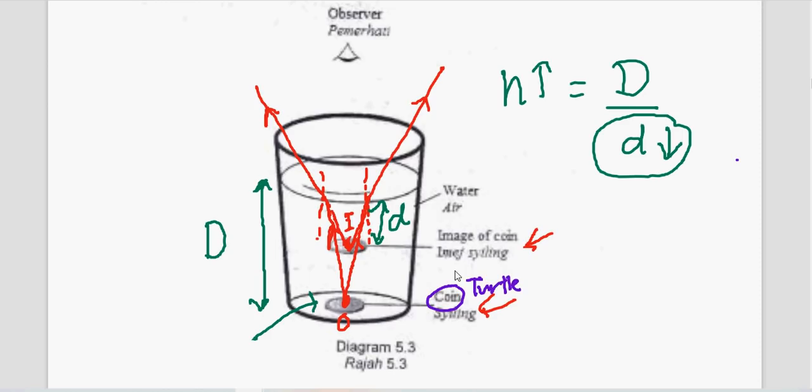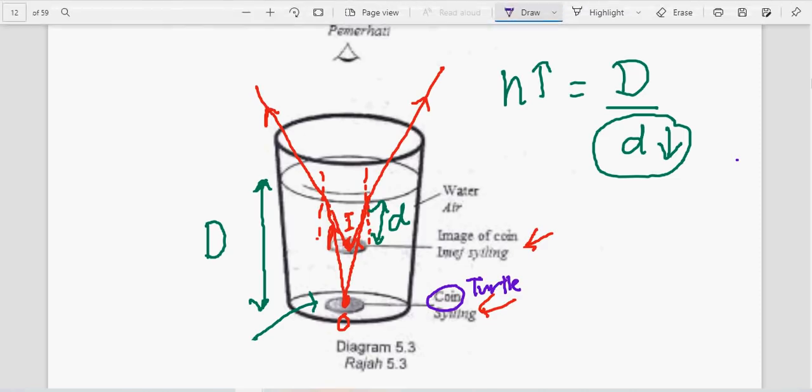The light from the object goes to the surface of the water and then bends. Another light goes from the object to the surface of the water and bends away from the normal line. Light travels from the object in the water, out of the water. That is mark number 1.